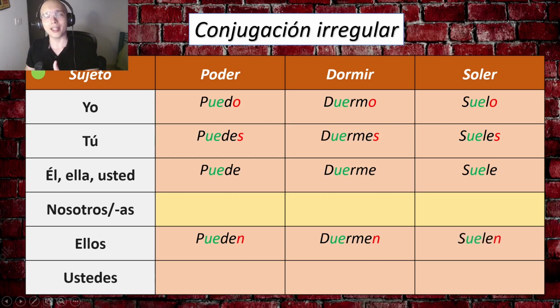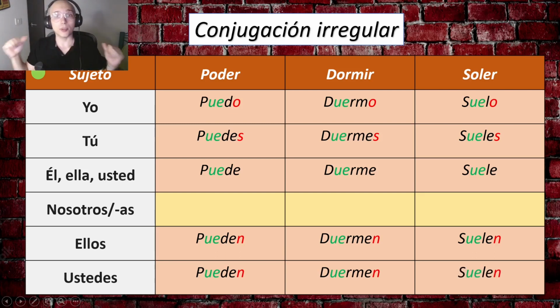Ellos suelen. So they usually do. Remember that in plural, we just add the N to the conjugation to make it sound plural. Pueden, duermen, suelen. And ustedes will be the same conjugation. So let's repeat. Ustedes pueden, ustedes duermen, y ustedes suelen.